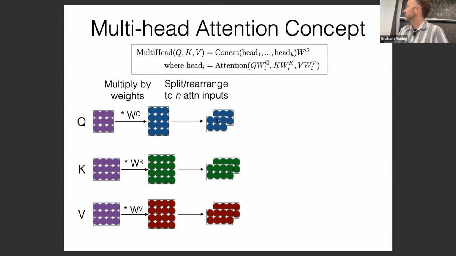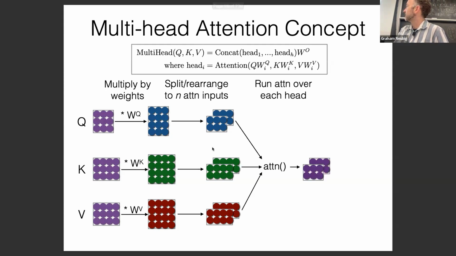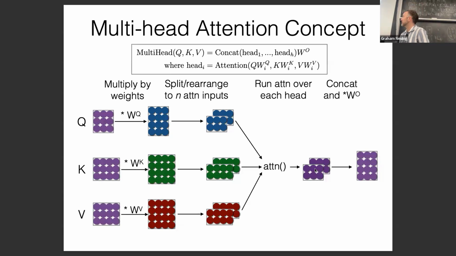That would mean we would split it up into two sets of vectors where the size of each is 2. Then we run attention over each of the heads individually, and we get the result of the attention. And then we concatenate them back together. So this is how it works. This is also how it's implemented.